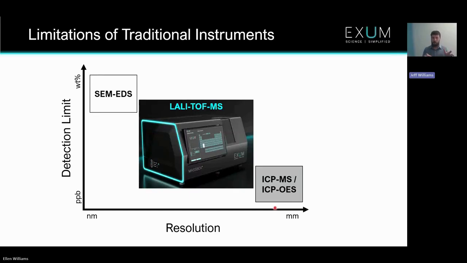So on the spatial resolution side, we can get high resolution images, give you context for your chemistry, and we can do that to very low limits of detection. We're talking 100 parts per billion or lower for a lot of elements. Now, obviously, there are some caveats to that, but in general, that's how you can think about it.